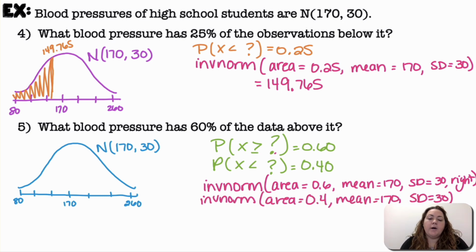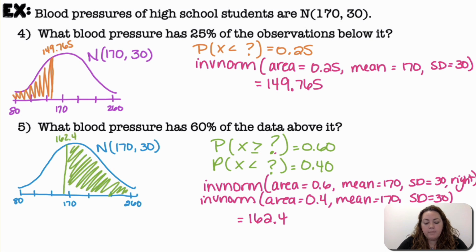If you have an older calculator where you don't have that option, you do inverse norm. The area would be 0.4, mean is 170, standard deviation is 30, because without the option, it always does the left tail. Either way, you should get the same answer of 162.4. All right, so 162.4 above.